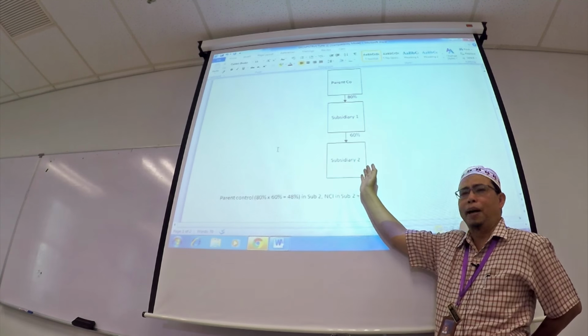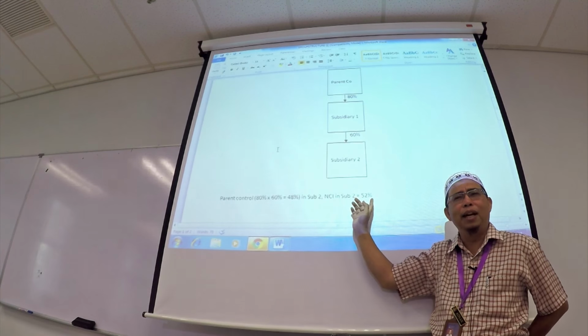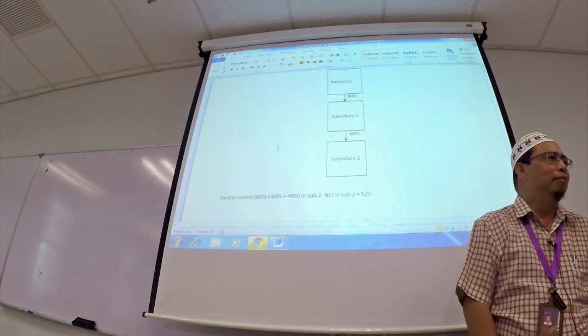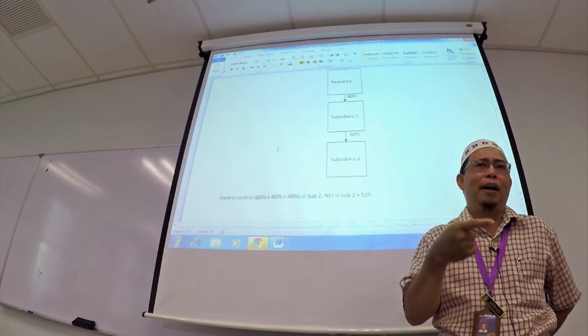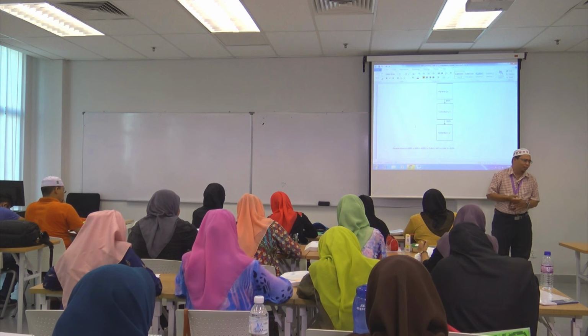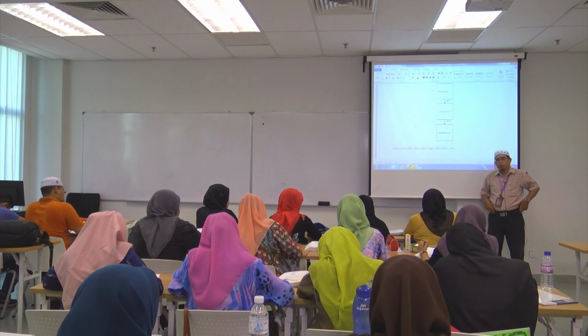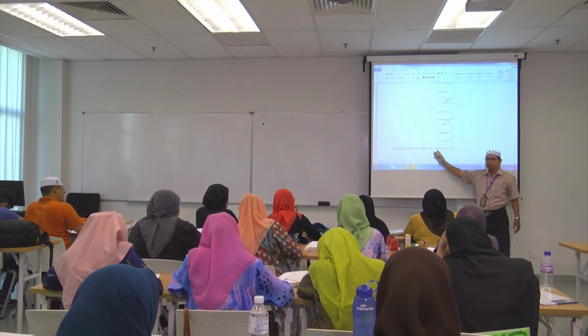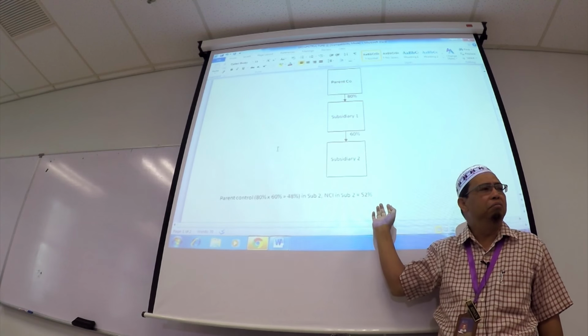Once the parent controls 48%, the balance of 52% is NCI, because we only have two parties controlling the subsidiary: the parent and the non-parent, which we call NCI, non-controlling interest. So now the parent has 48% and NCI 52% in subsidiary 2.